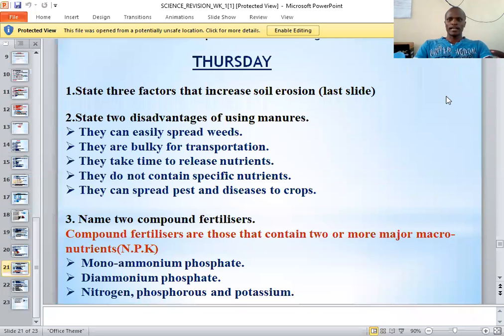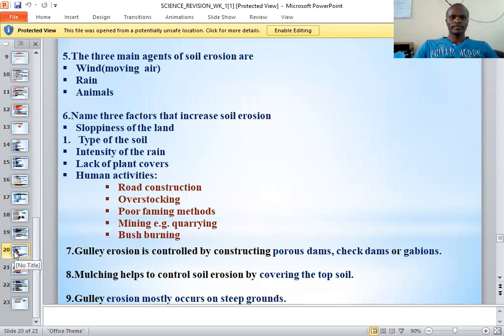Now let's look at week 2 Thursday work. Number one, question number one, if you can check, state 3 factors that increase soil aeration. I think this was done in the last video, it was just the same question.